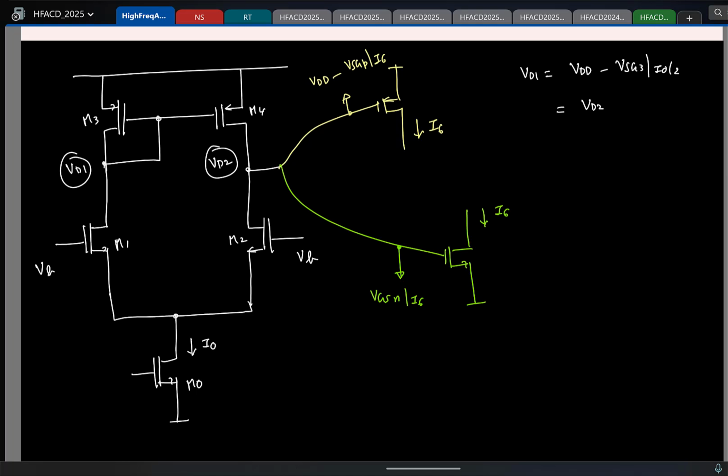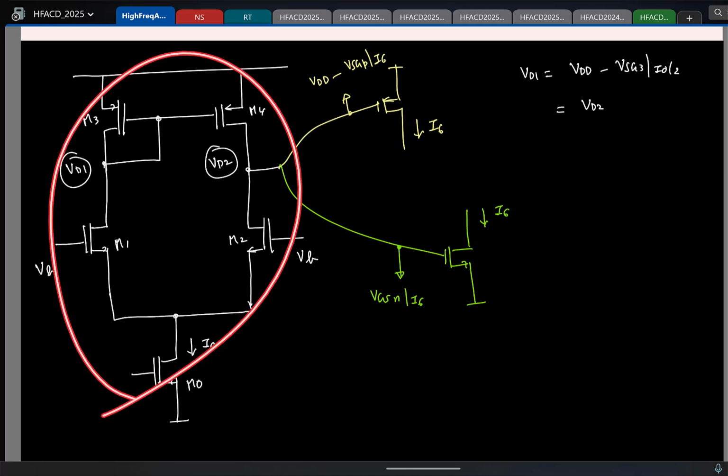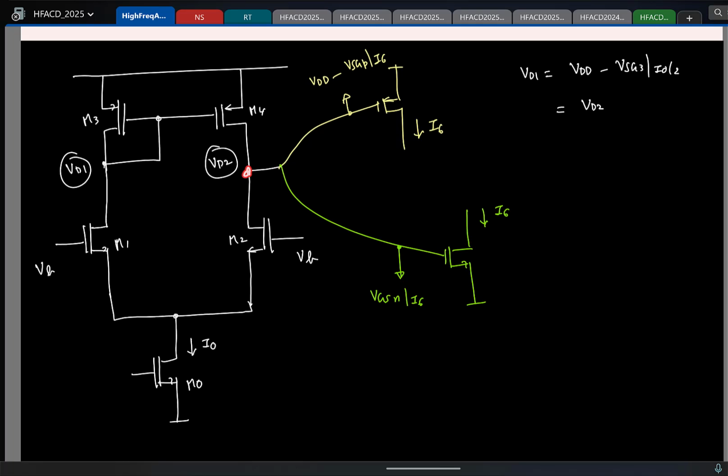Why? You see, the output of the first stage is at VDD minus VSG, and this voltage is more convenient to be used with the PMOS, correct? Naturally, the first stage here is at a voltage which is more suitable for a PMOS input second stage.